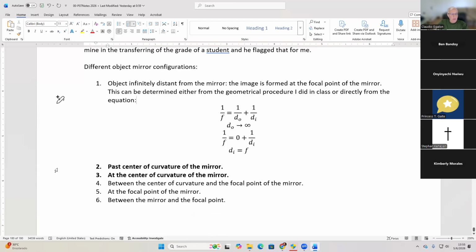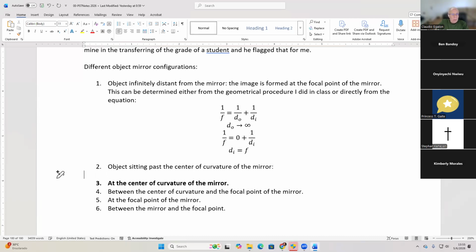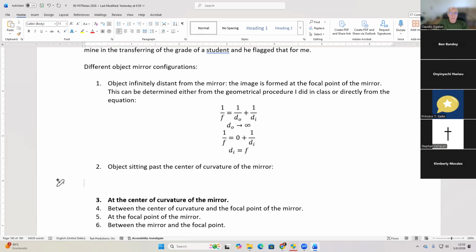Object sitting past the center of curvature of the mirror, right? And from the procedure we got, what happened?